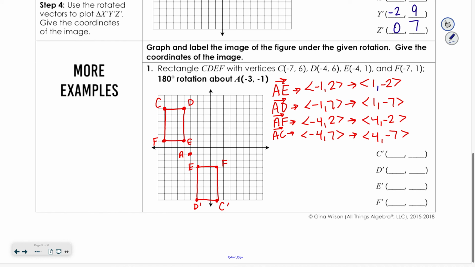Okay, now, the last step is I have to write my ordered pairs. Okay? My ordered pairs are just like I've done since I was itty bitty. So what is the ordered pair for C? 1, -8.